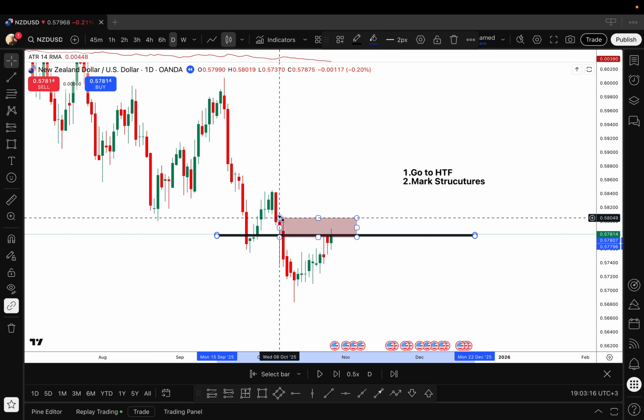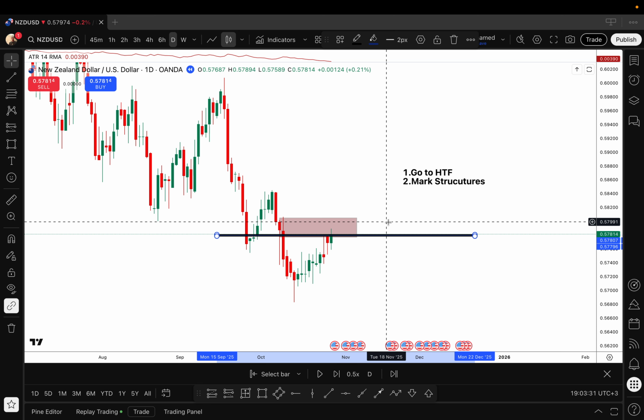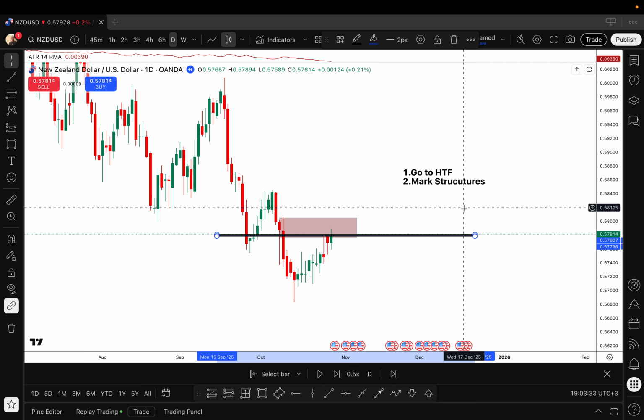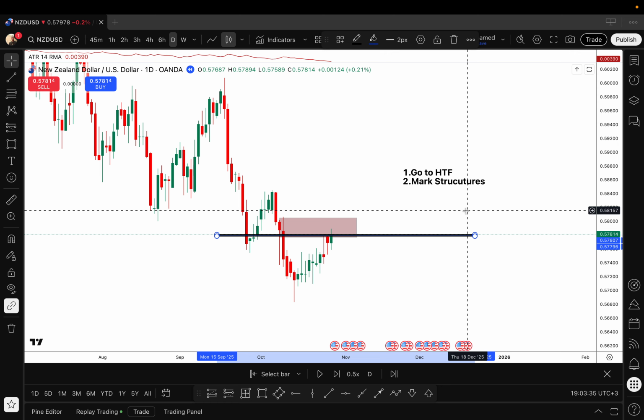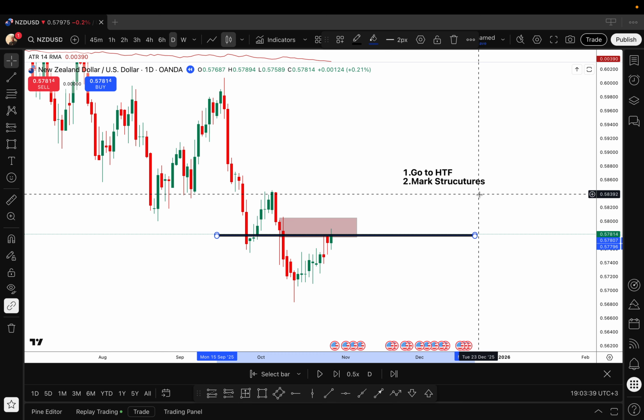I not only have demand and supply at this zone, I also have a support that turns into resistance at this zone. So this becomes a strong area for sells rather than anything to do with buys. However, we are only going to enter for sells with confirmations. If you don't get confirmations, then we shall not be looking to sell from that zone.